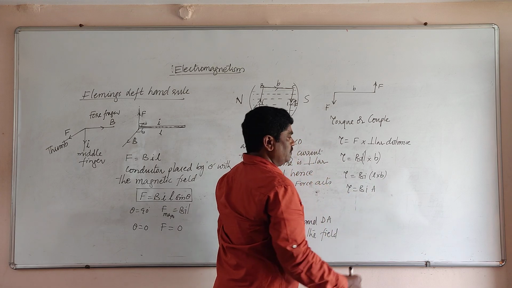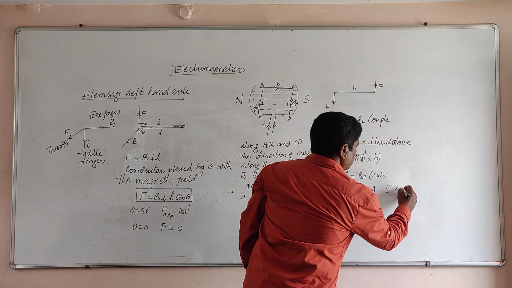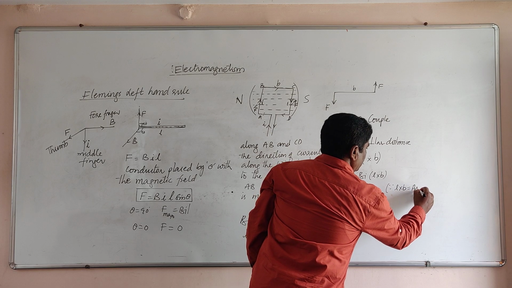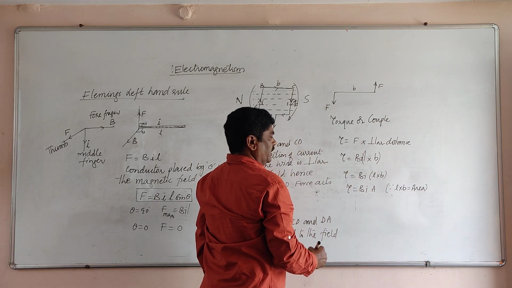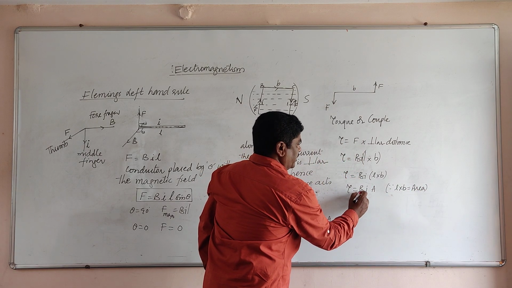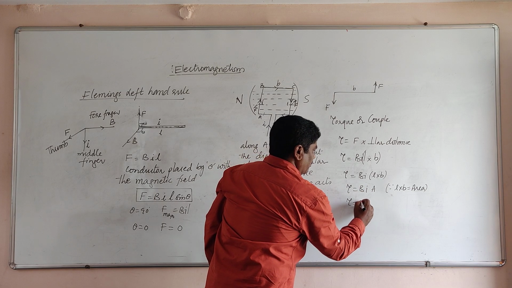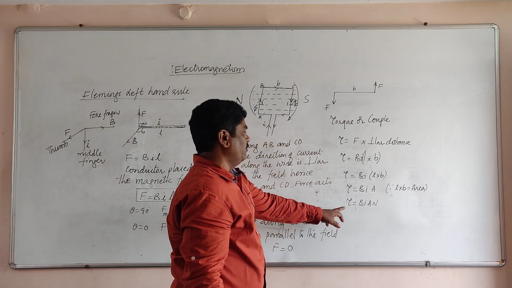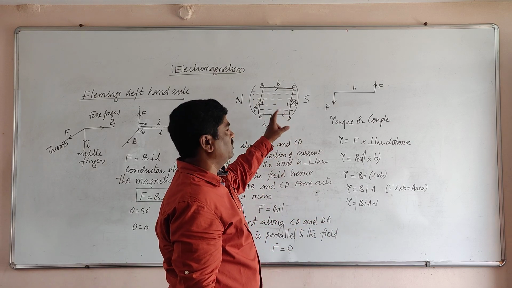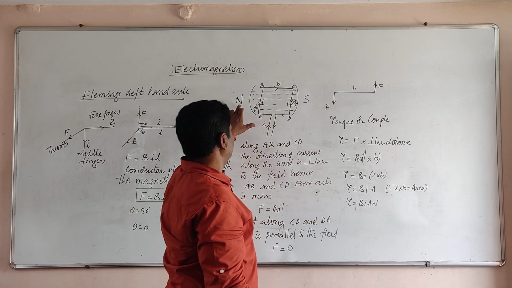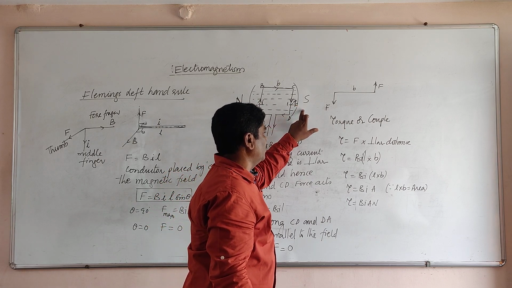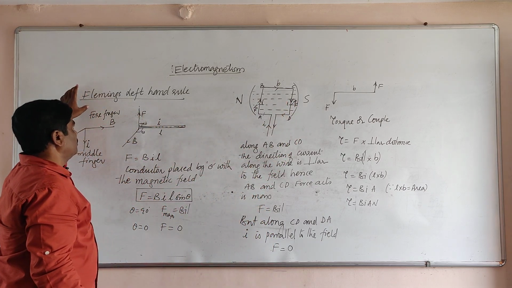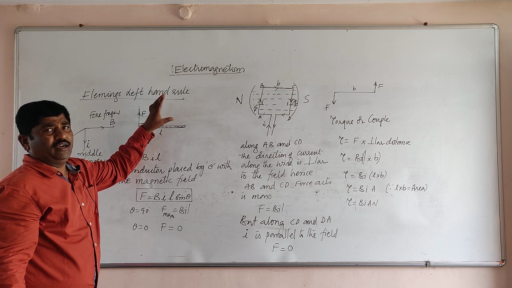which we can write as area. Since length into breadth is nothing but area, for one turn it is BIA. So if N turns are there, the maximum torque acts on the rectangular coil placed in between the north and south poles, which works on the principle of Fleming's left hand rule.